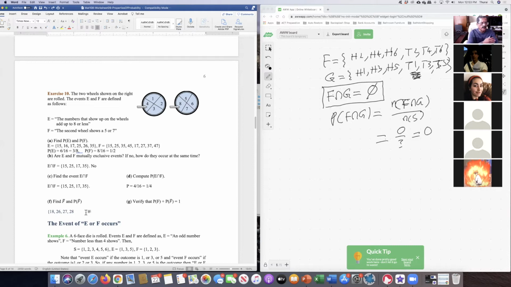So what we need to do is to find F complement. We just have to find all the elements in the sample space that are not in F. I don't have to have the sample space, but it has nothing to do with E. This is F complement.